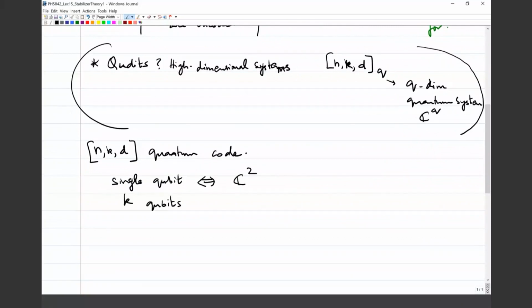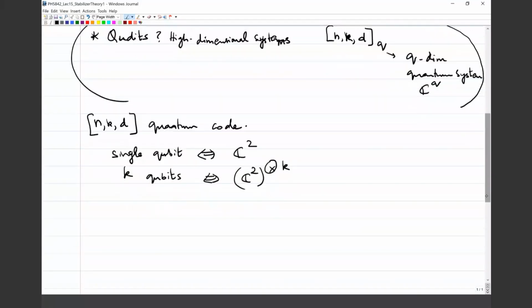So the associated Hilbert space is going to be C^2 tensor k, right? So far, all examples that we have are all single qubit codes only, right? So when I talk about a 3 qubit code, I start with just C^2. But more generally, you can think about starting with k qubits.